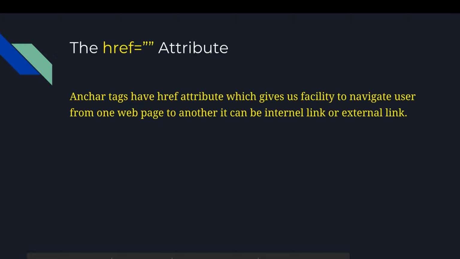The first one I'm putting is the href attribute, as I already discussed, in the a tag, which basically defines an internal link or external link, and you click on that link and it takes you to another website or another page.